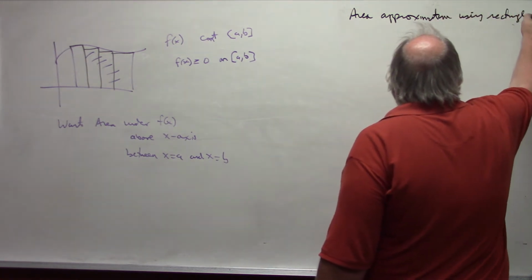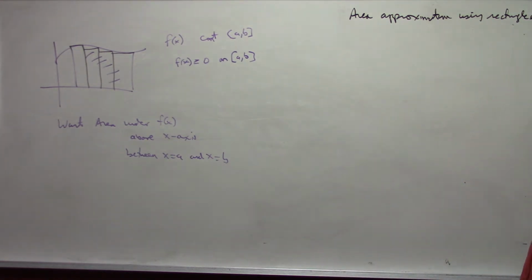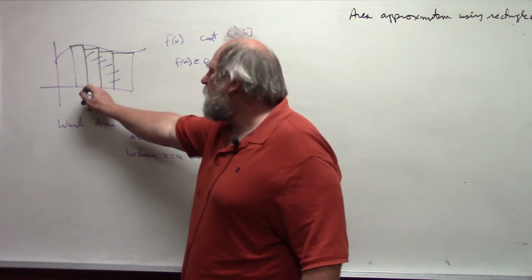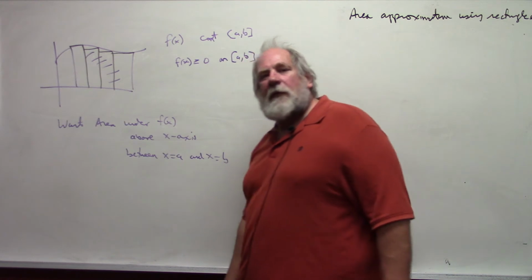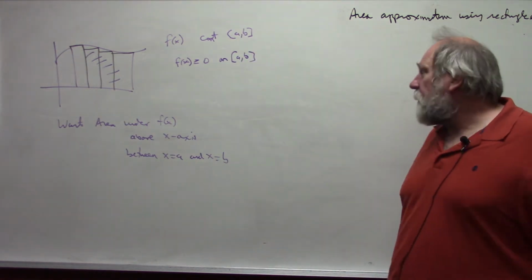And again, we have a curve that is non-negative and continuous. And in Calc 1, we will consider this in two different ways, using the left-hand endpoint of my subinterval, these little pieces here, to get my height, and using the right-hand endpoint.